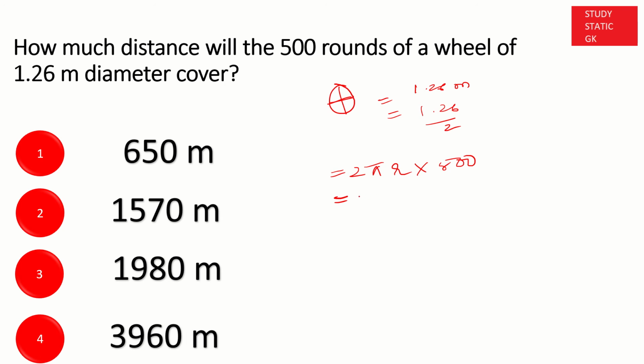So 2 pi into 1.26 by 2 into 500. So simply 22 by 7 into 1.26 into 500. So the 7 ones are, so the point is there. So now 756, 7 8 are.